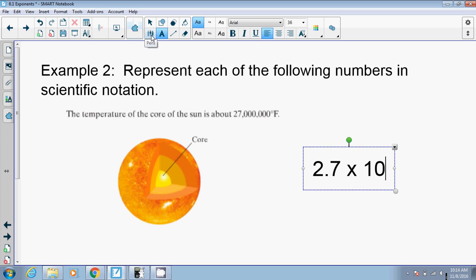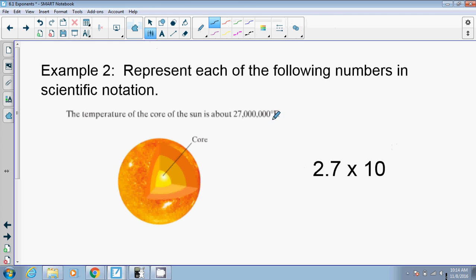So what I want to do is take my decimal, which technically is after that last 0, and count how many times I have to move it so that it's between the 2 and the 7. So again, just count it out. 1, 2, 3, 4, 5, 6, 7. 7 times I have to move it before it's between the 2 and the 7.